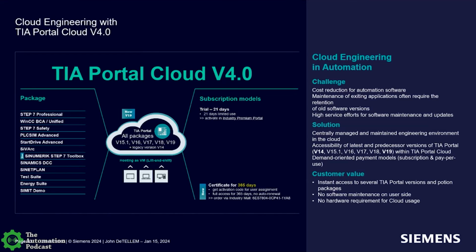So here on my brand new laptop, I don't have to try and install v16 and v17. And it also has the options. So Test Suite, Energy Suite, Connect Plan, PLCSIM Advanced, they're already all installed. So I don't have to struggle with finding the install files and installing it. The cloud has it. There's even a legacy version that allows me to go back to v14.